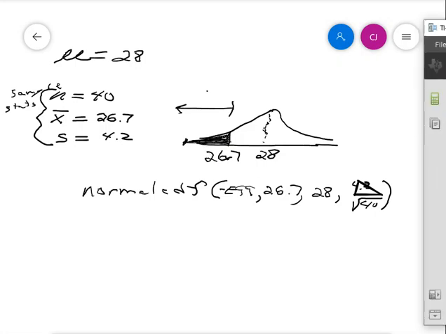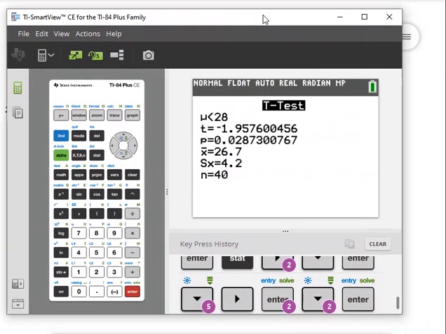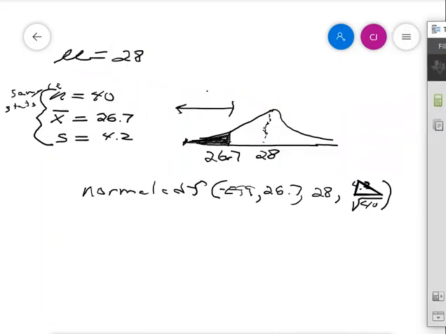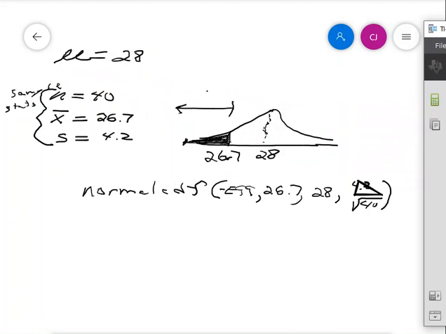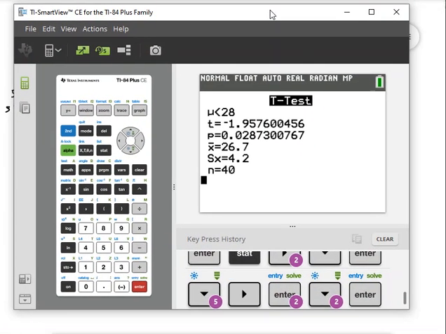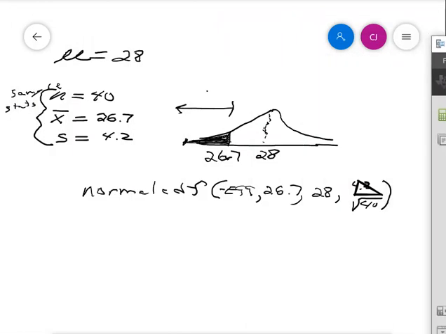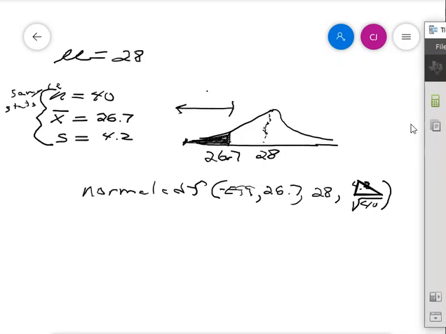Now, what we just did in the calculator, I didn't use normal CDF. The big difference between what we did before and what we're doing now, as you noticed, is that I went to stat and test, and I ran a t-test instead of the normal CDF. It's basically the same thing, but it gives you a slight difference. So this area, we're going to come up with basically the exact same thing in a different way.